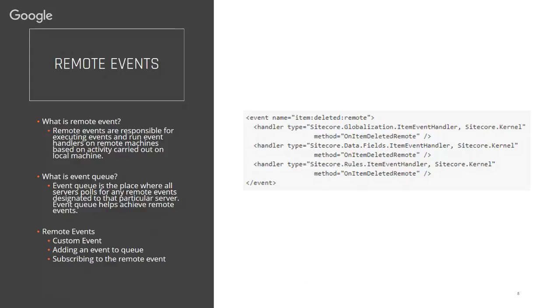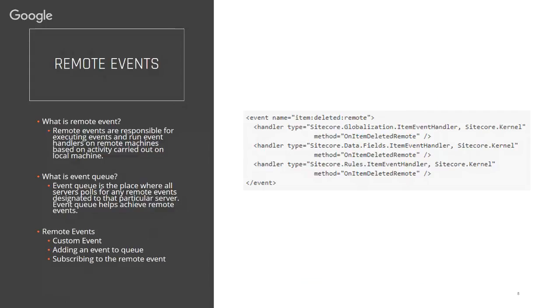The additional steps are adding an event to the queue from your local machine. So instead of raising the event, we'll just be adding that event to the queue from the local machine. And from all the remote servers where the event needs to be executed, they need to be subscribed to the remote events. That's the third point.